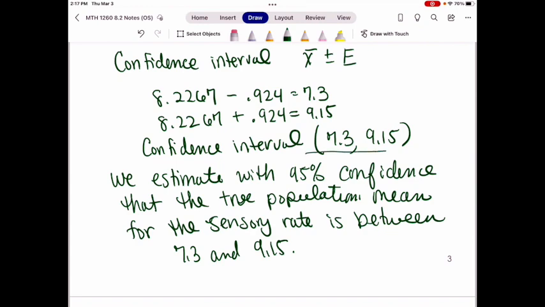So that's our interpretation. Here's our confidence interval. Now let's go ahead and do this on the calculator.